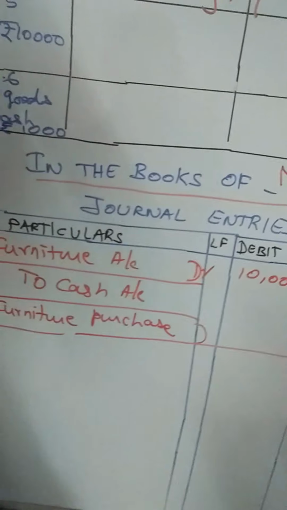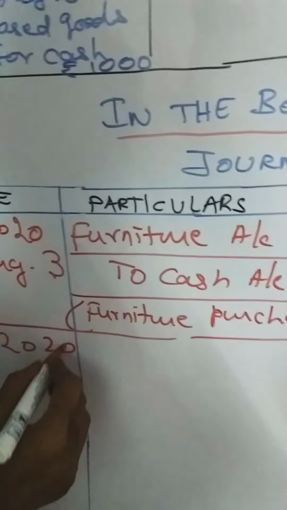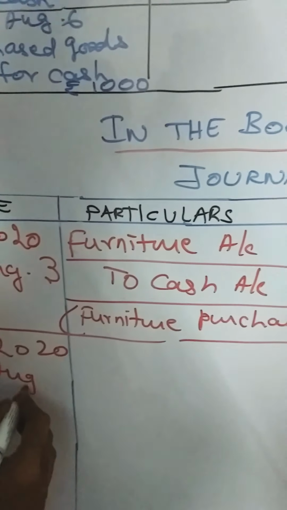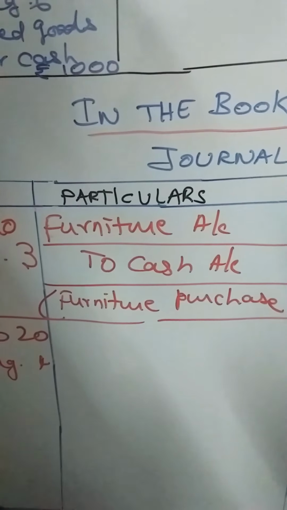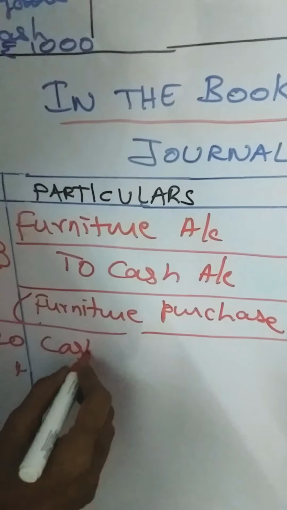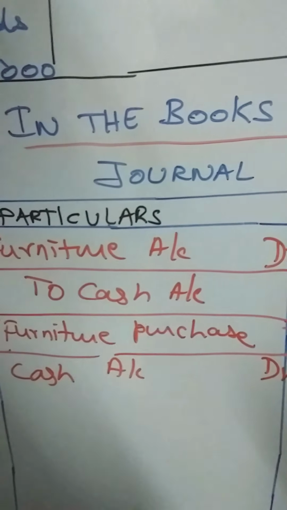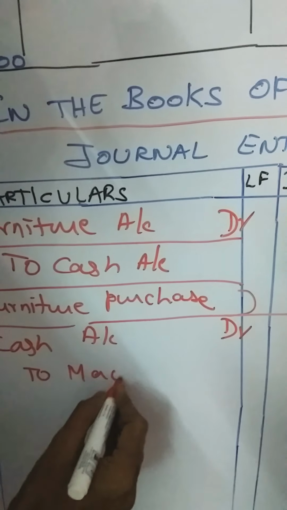Now, let us write the journal entry for this. First, you should mention the year, then the month, then the date. Date is 4th. What comes inside? Cash. Cash should be debited. Cash account debtor. What goes out? Machinery. To machinery account.